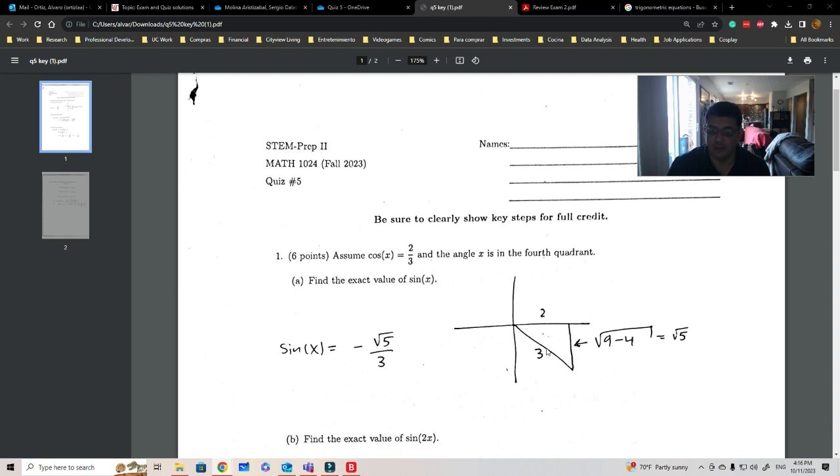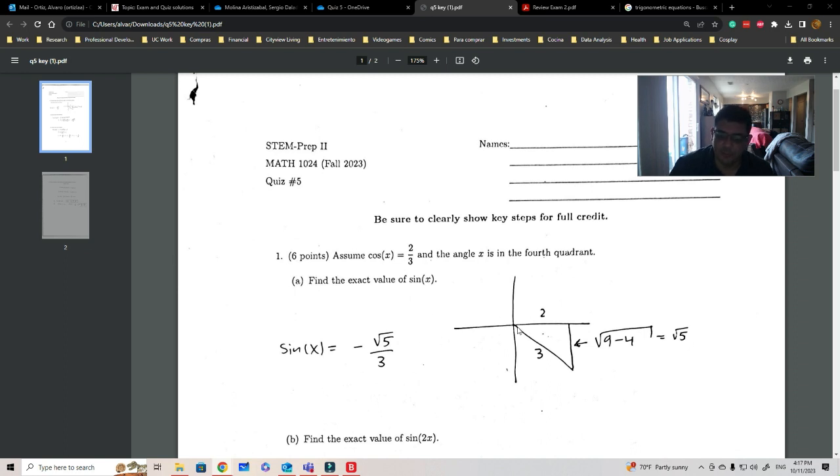And if we had that, then we can find this side by using the Pythagorean theorem. So pretty much doing the subtraction of hypotenuse squared minus the adjacent squared. So 3 squared minus 2 squared, so 9 minus 4. Take the square root of that, and it is going to give me the square root of 5.